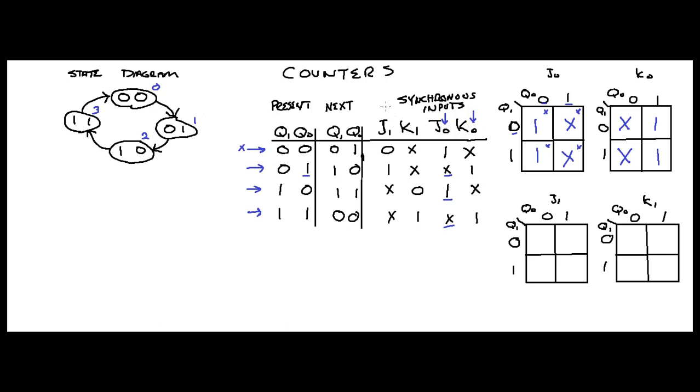Here's J1, we'll do this column right here. That's going to be 0, 1, X, X, right? And finally K1 is right here. That's going to be X, X, 0, 1.